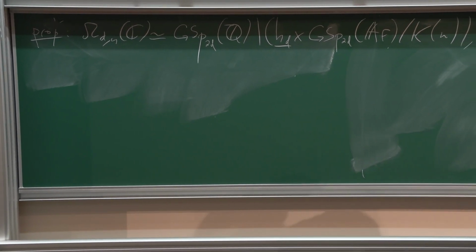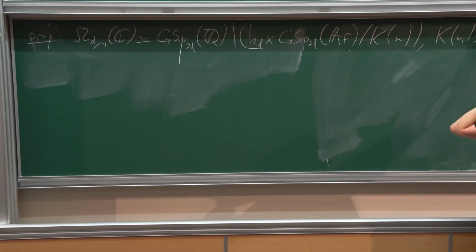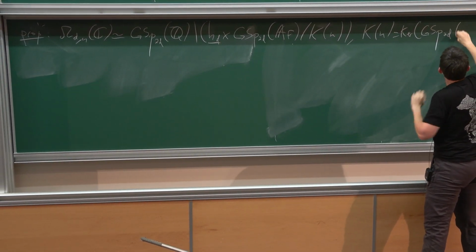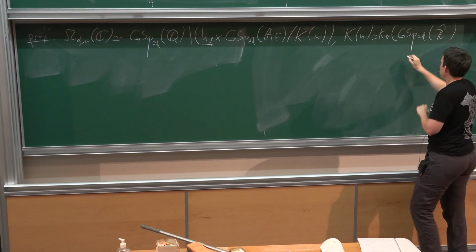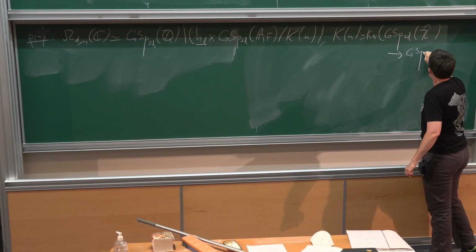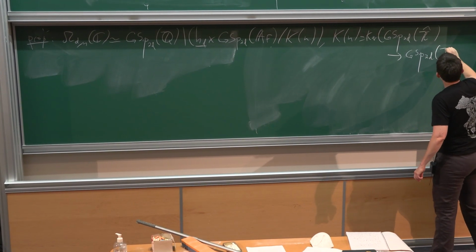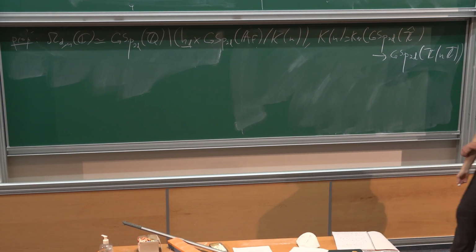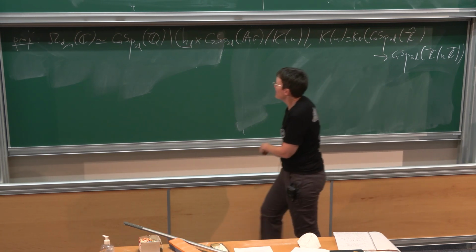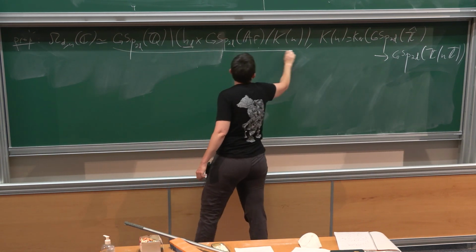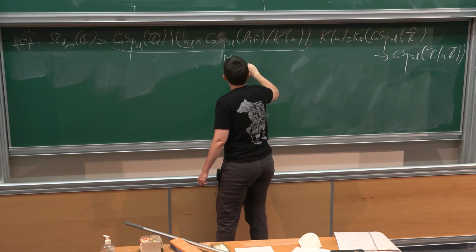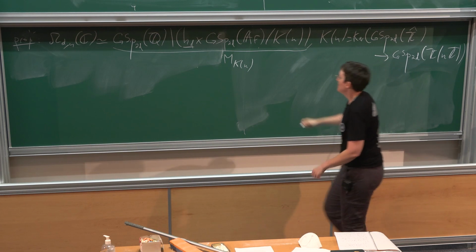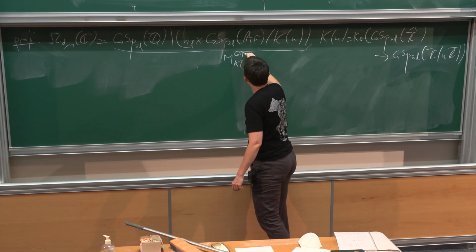So with this adelic double quotient, where Kn is just the adelic equivalent of gamma n, so it's the group of matrices in GSp2D of Z hat that are trivial modulo n. This is what I was calling MKN last time. Of course, M should be MKN for GSp2D.